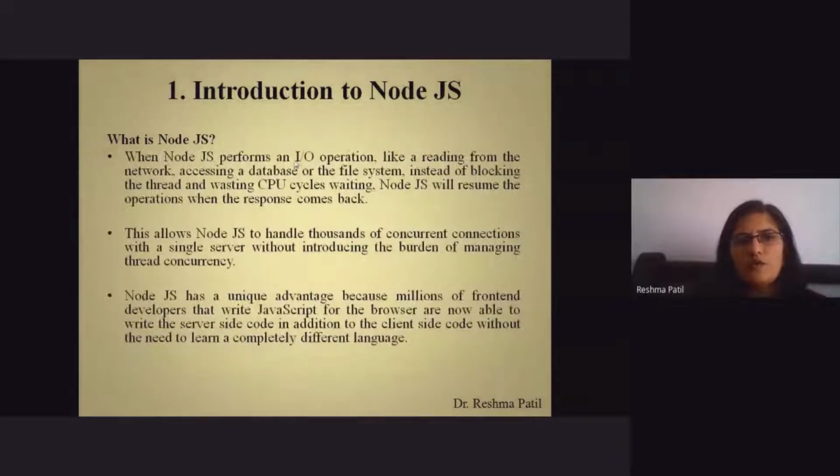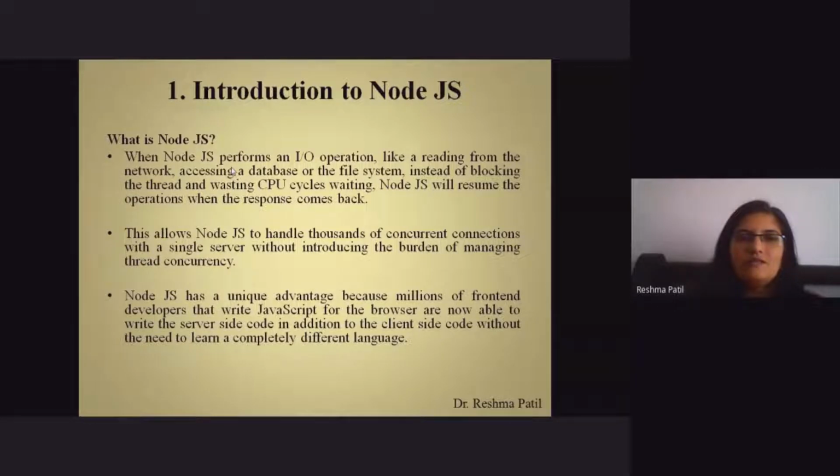When Node.js performs an input-output operation, like reading from the network, accessing a database or the file system, instead of blocking the thread and wasting CPU cycles waiting, Node.js will resume the operation when the response comes back. Suppose one process is going on, and if that process requires some input-output operation, then it is sent off to complete that operation.